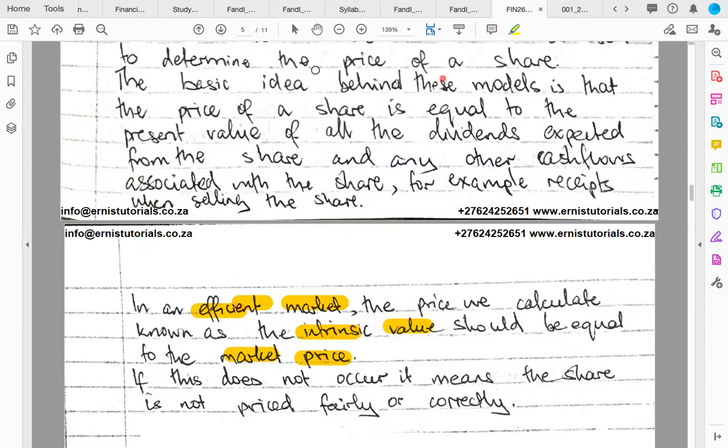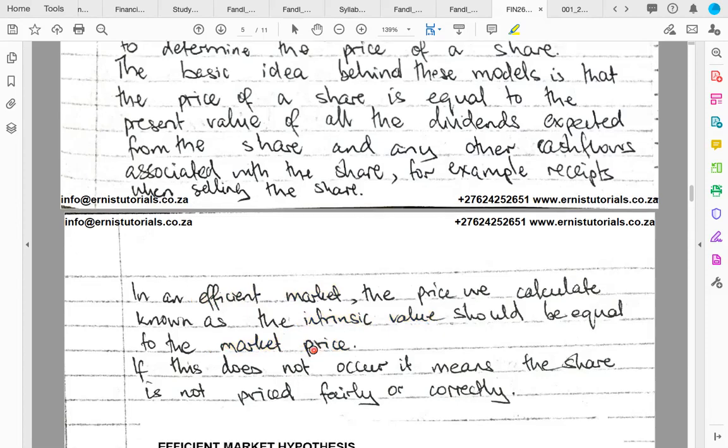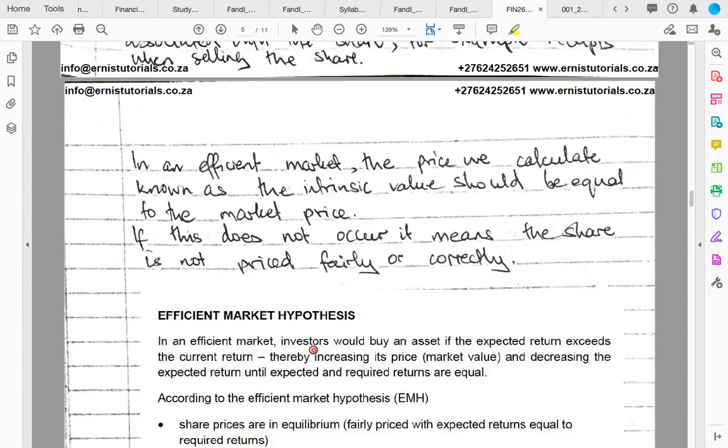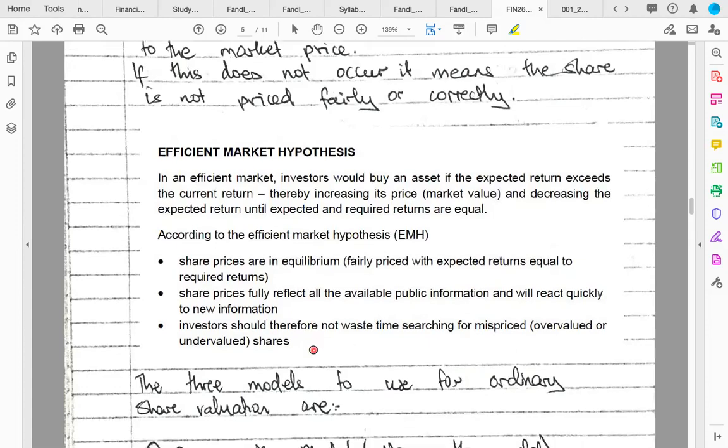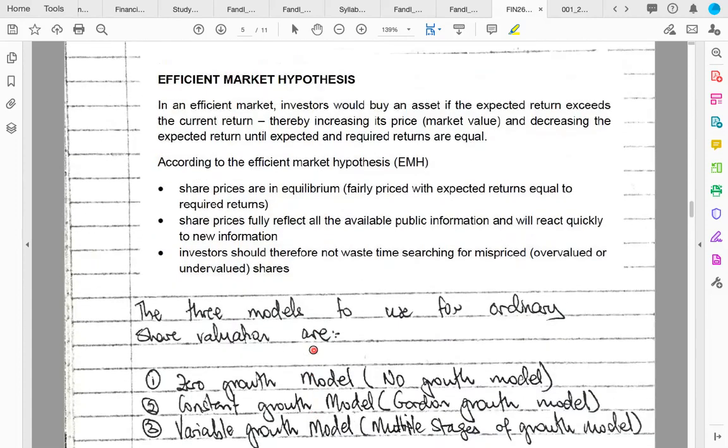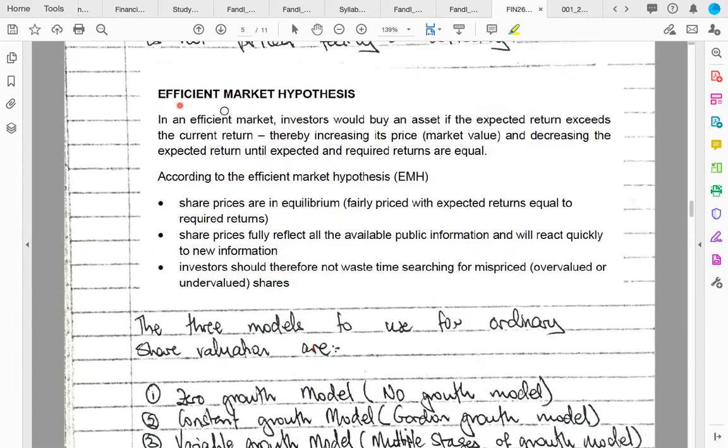But that's not always the case. When analysts sit down and use their models, they might find that their projection of what the price of a share should be is actually different from the market price. So this efficient market hypothesis is a theory. It holds in some markets, whilst it doesn't hold in other markets.